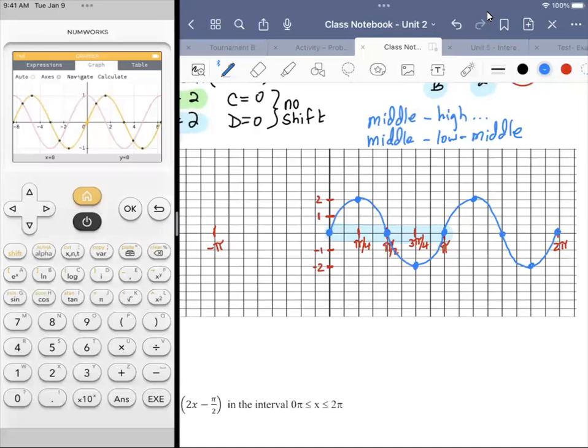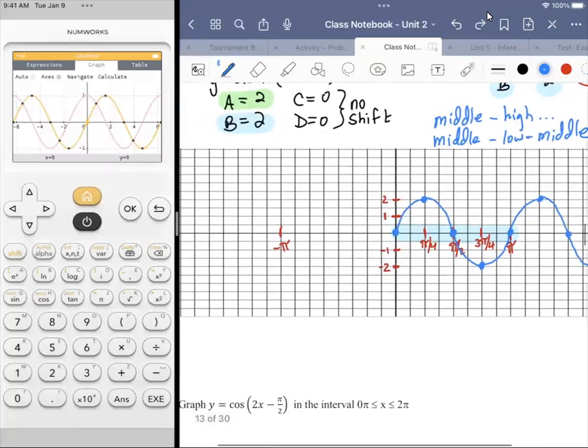This is a mnemonic device I use to remember it, at least early on. Middle, high, so start off at the middle, go to high, then middle, low, middle. And then for the cosine function it is high, middle, low, middle, high. But that's for the next one.